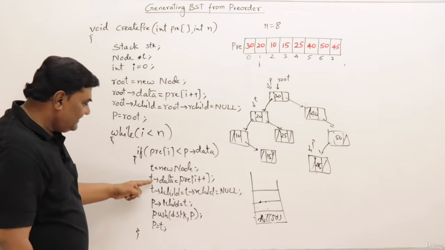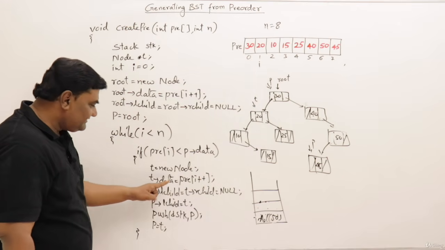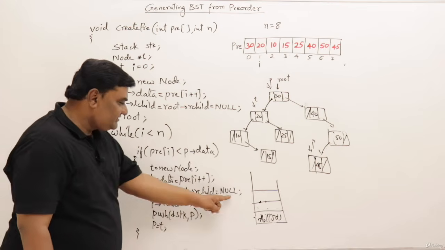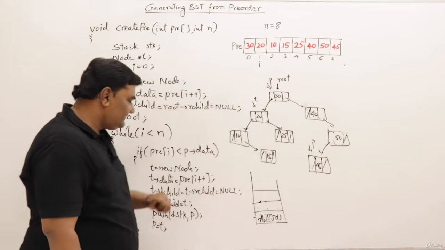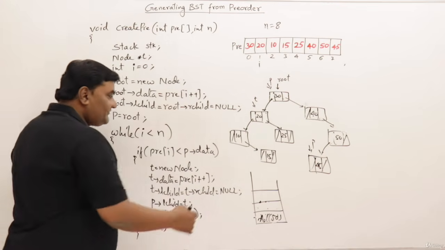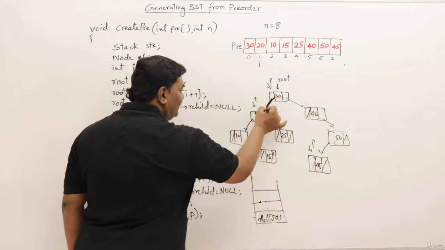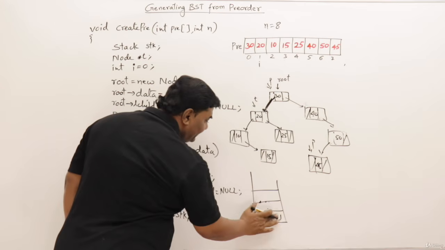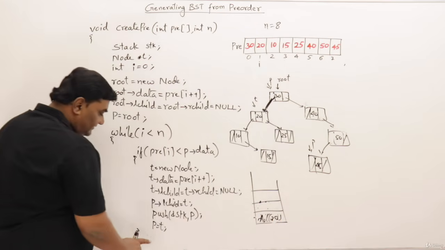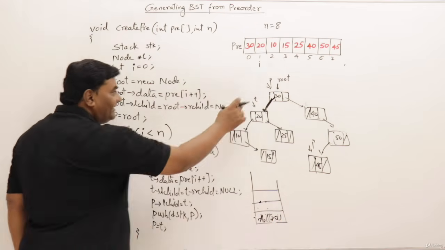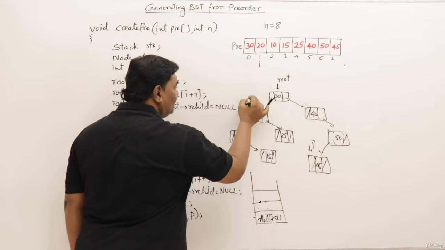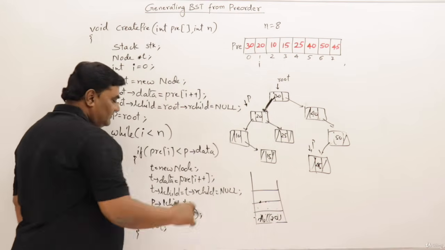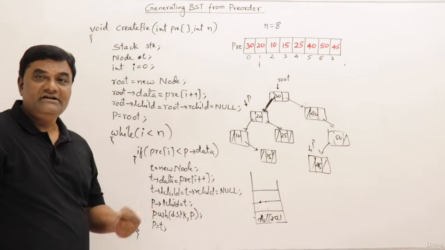Make both left and right children null, and make P's left child point here. Then push the address of P, that is 30, into the stack. Then P assign T, bring P onto T. These were the steps we were doing when the data was small.